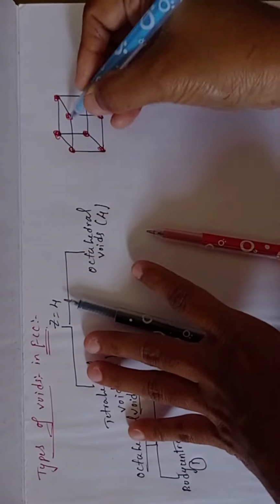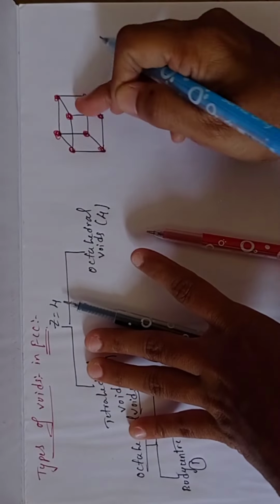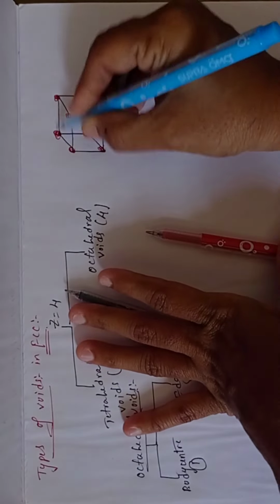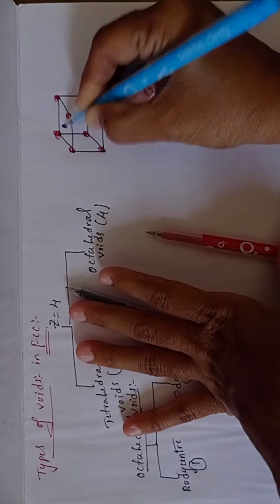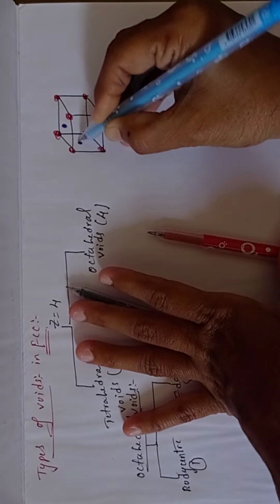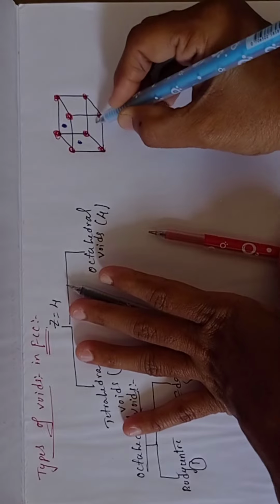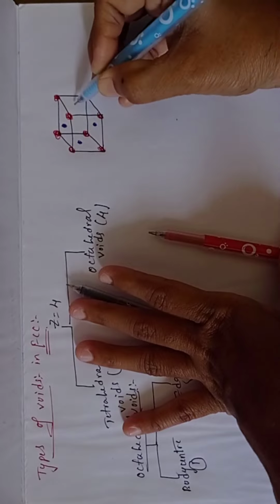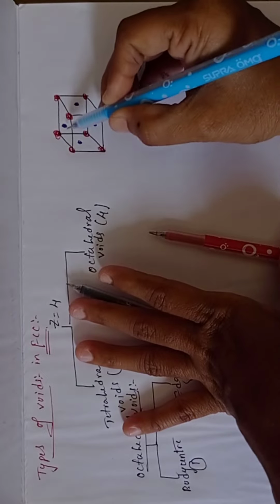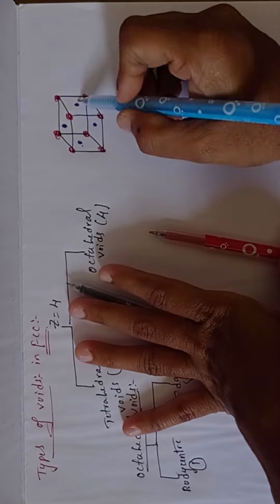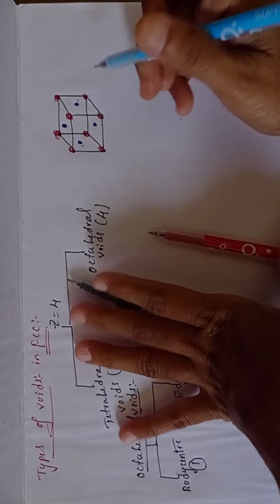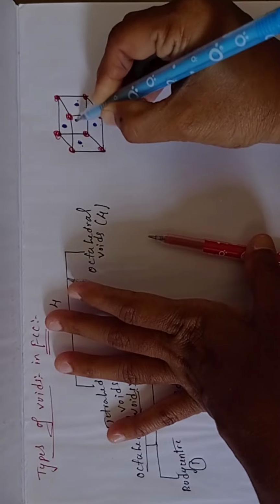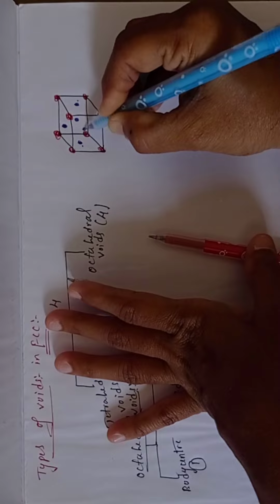Now see, this is the top and this is the bottom, left and right. And next, this is the back face, this is the front face, correct? Now this is the top face center, and this is the left face center, this is the bottom face center, this is the right face center, and this is the front face center, and back face center is here.